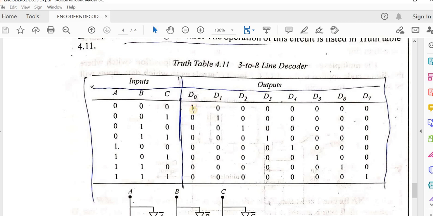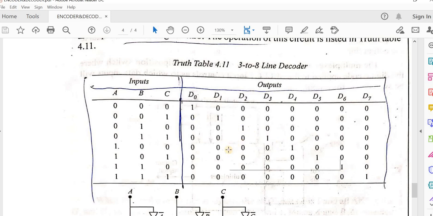In the first case, when inputs are 0, 0, 0, D0 is activated. When inputs are 0, 0, 1, D1 is activated, that means D1 is 1. When 0, 1, 0, D2 is activated. When 0, 1, 1, D3 is activated, that means D3 is 1. Similarly, only one output is activated at a time.